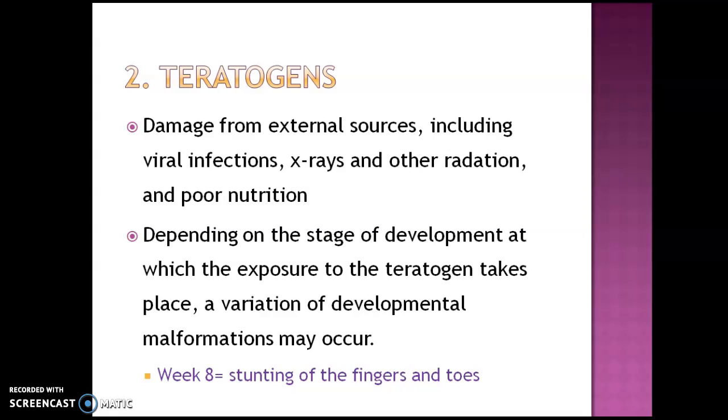The extent of malformation depends upon at what stage of development they were exposed to these teratogens. For example, an exposure at the 8th week of pregnancy may cause malformation of the fingers or stunted growth of the toes.